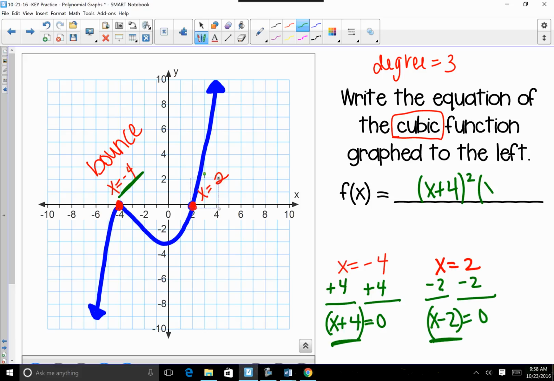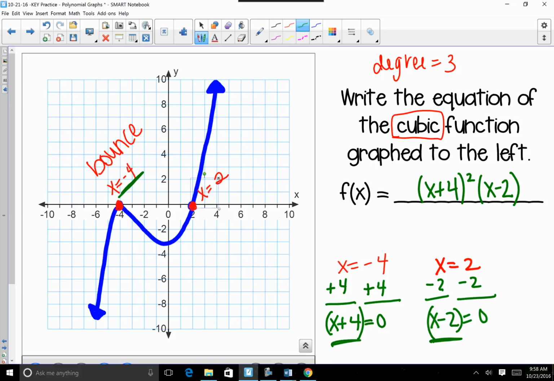And then I have this x minus 2 as a factor. So a degree of 2 plus a degree of 1 equals the total degree of 3. If I FOILed x plus 4 squared and then multiplied that by x minus 2, it's going to give me a cubic polynomial.